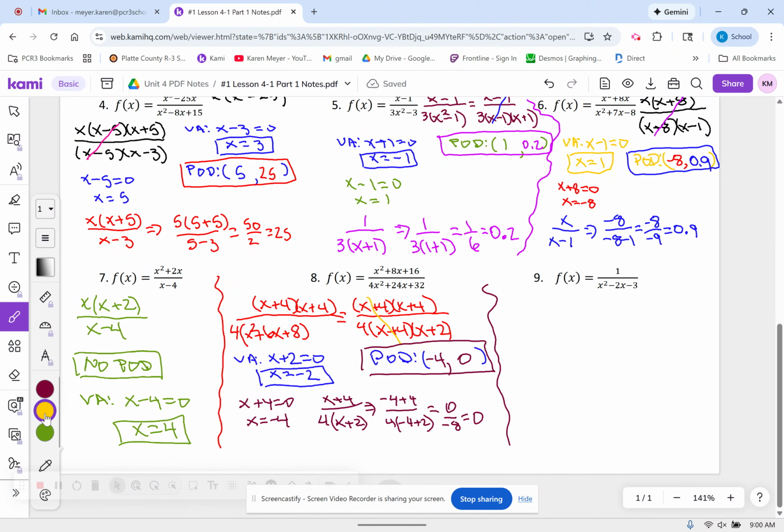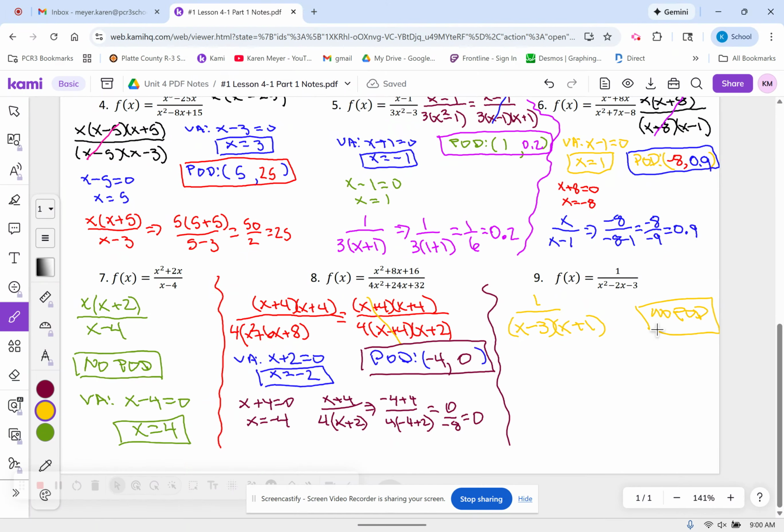Okay, last one, yay! All right, can't do anything with the top on 1. Fast factor the bottom. So multiplies for -3 that adds for -2. So that would be x minus 3 and x plus 1. Nothing cancels out, so no POD.